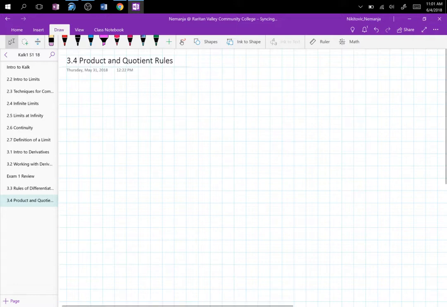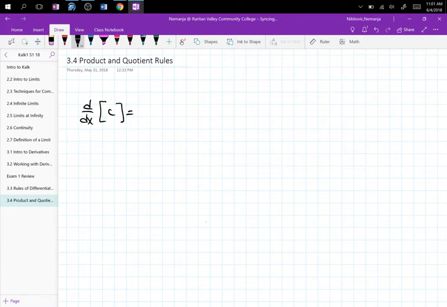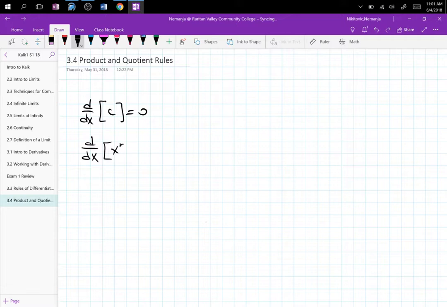So last time we said that the derivative of a constant is 0. That was the last class after the test. We also said that the derivative of x to the n is nx to the n minus 1, which covered roots, any root, square root, cube root, fourth root, whatever root, also covered 1 over 6 and 1 over 10, and also covered x to the 5 and x squared and all of those guys, obviously.